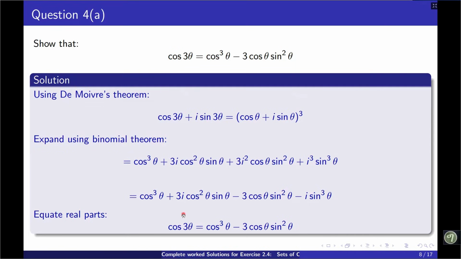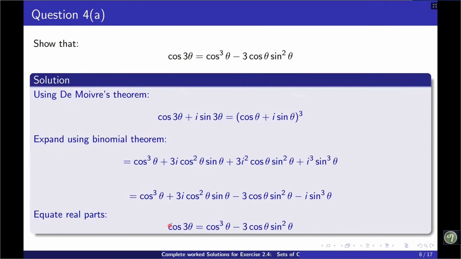And again, equating the real and the imaginary parts of this complex number, the real part is an expression without the imaginary number. We have cos 3 theta here, which is equal to the real part from this one, that is cos cubed theta, and minus 3 cos theta sine squared theta, but the rest are imaginary.